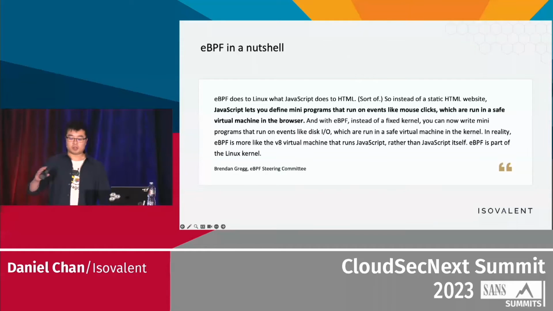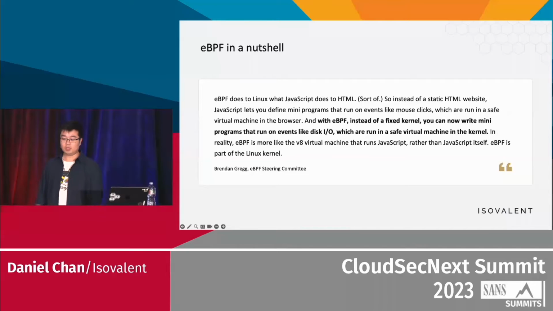He says, JavaScript lets you define mini programs that run on events like mouse clicks, which are run in a safe virtual machine in the browser. And with eBPF, instead of a fixed kernel, you have mini programs that run on events like disk I/O and are run in a safe virtual machine in the kernel.